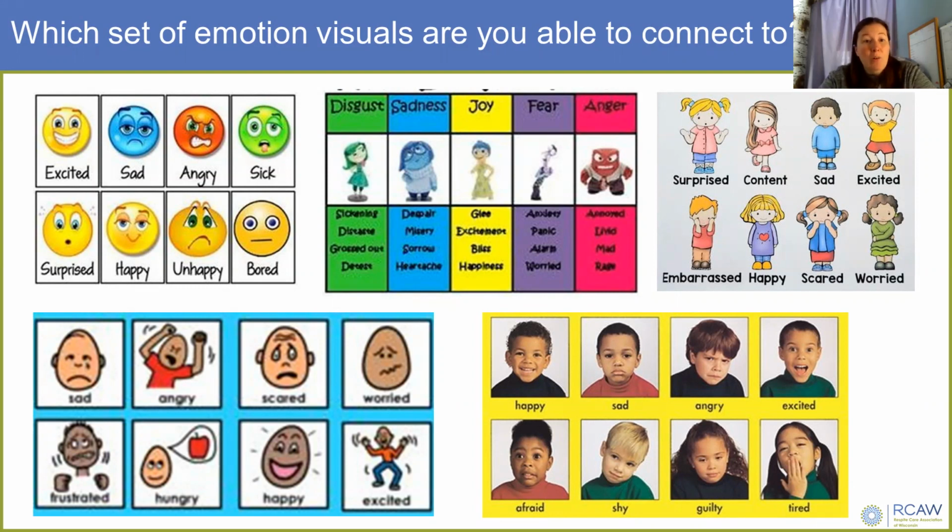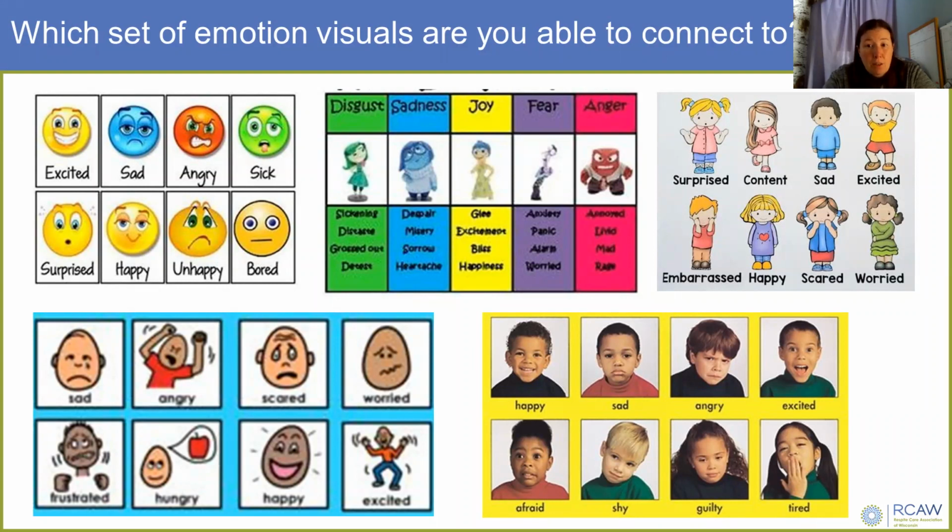So they can understand, oh, this means happy. If you're familiar with the movie Inside Out, knowing the different characters, they do a really good job in that movie explaining those characters and really showing. But if you've never seen that movie, that might not make sense to you.